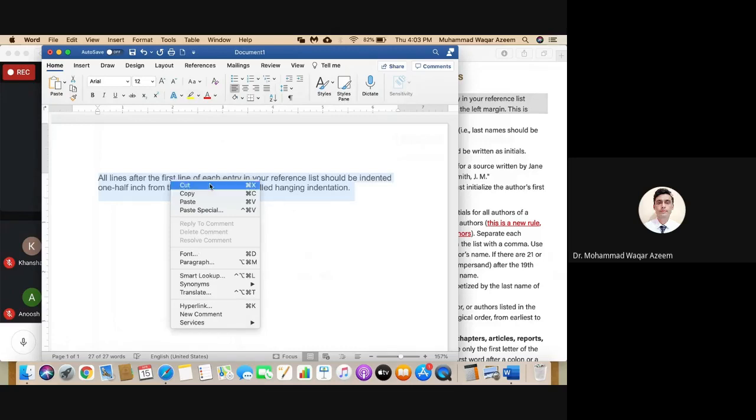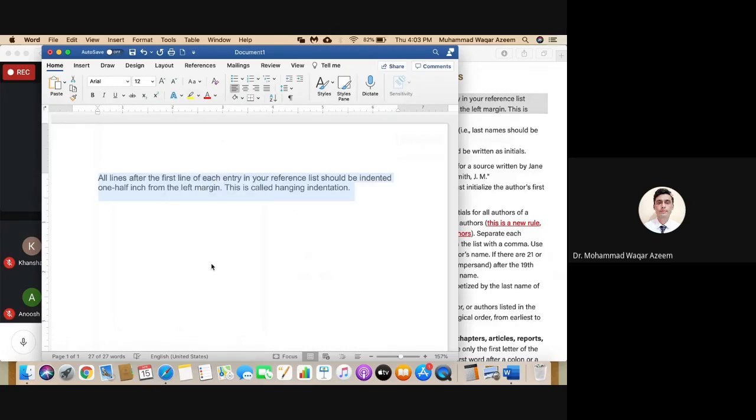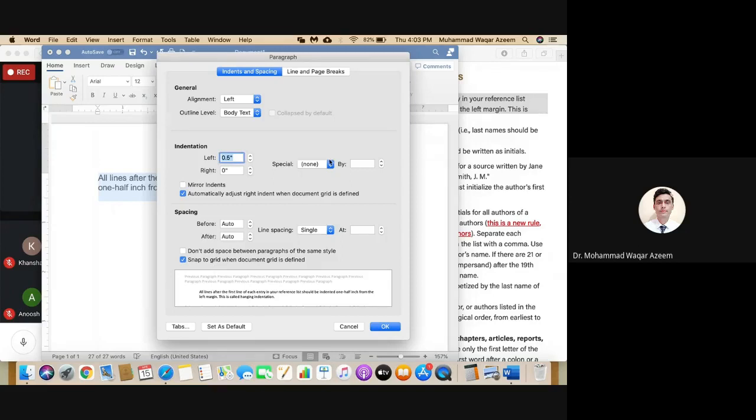So I will go to paragraph, and then in paragraph, I'll go to indentation. You can see the indentation over here. Notice this hanging, right? I'll press the hanging, and then 0.5. It is already 0.5, right? And over here it also says 0.5, and left, it is from the left. So I'll keep it just like this. Okay, and then I will say okay.